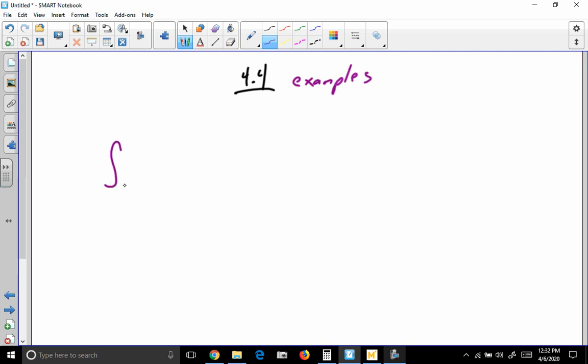Let's evaluate the integral from 0 to 1 of (x minus the square root of x) over 3 dx. So let's evaluate this definite integral, or this Riemann sum.